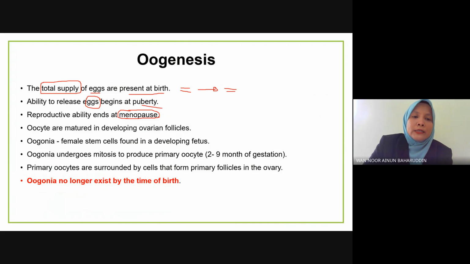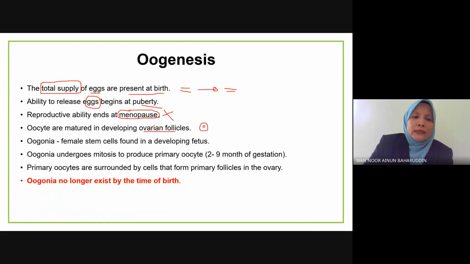So the ability stops here. Oocytes are matured in developing ovarian follicles, which are the container of the oocyte.